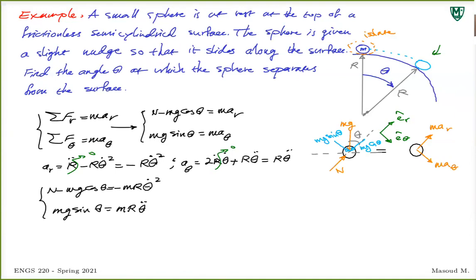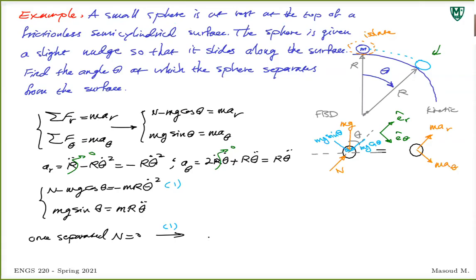Right, so we draw the free body diagram and kinetic diagram, everything was good. Now, no normal force, exactly correct. Once it gets separated, N becomes 0. There is no contact between the surface and the sphere. So you can get it from either 1 or 2. I wanted to go for 1 because I want to get theta dot.